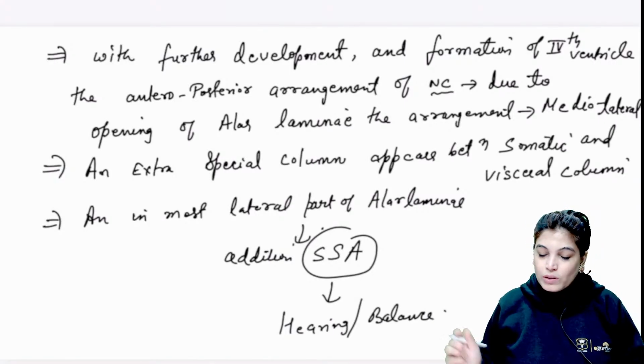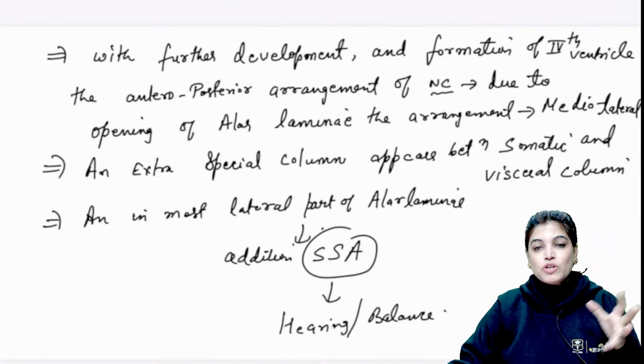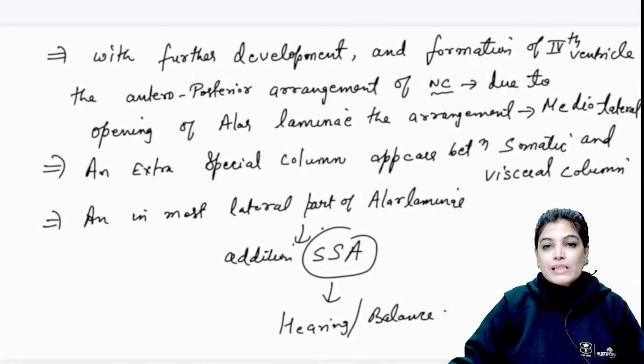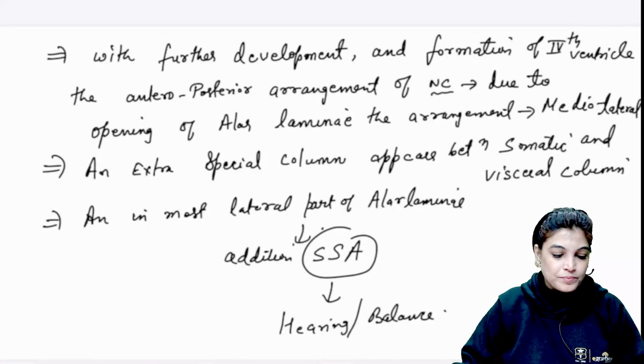So that means a total of how many functional columns are formed? This results in the formation of 7 functional columns.